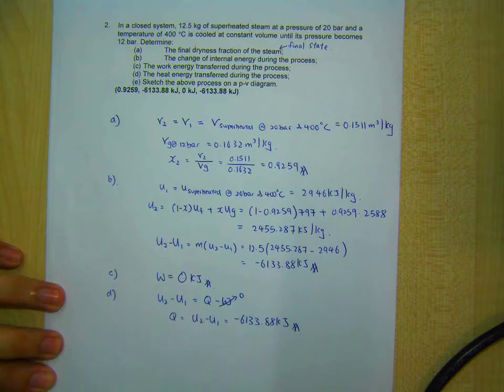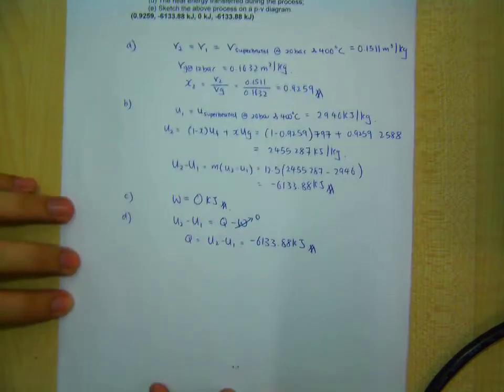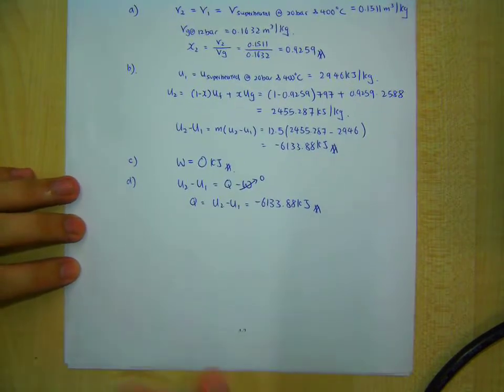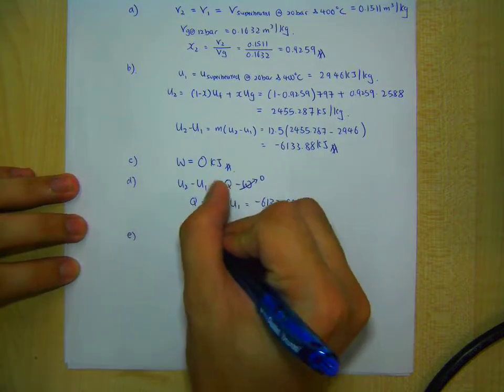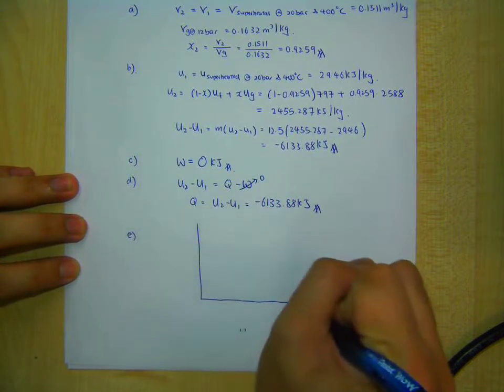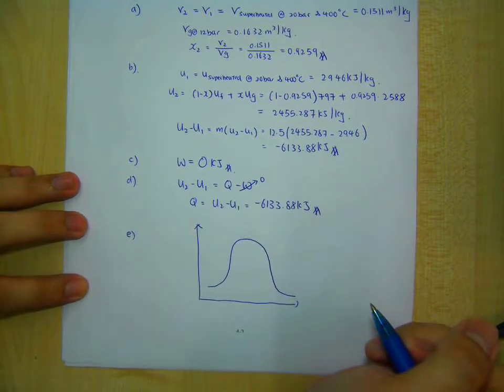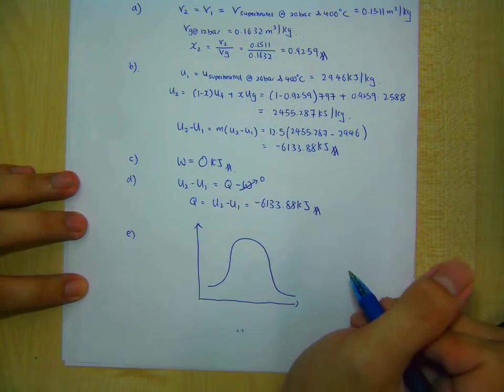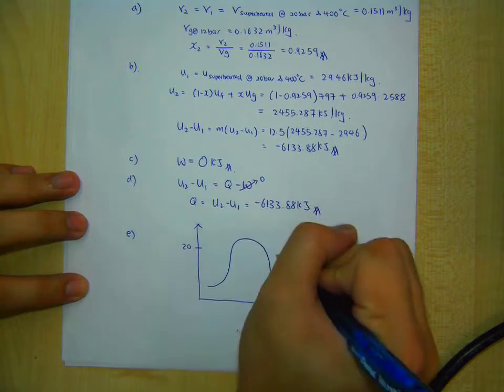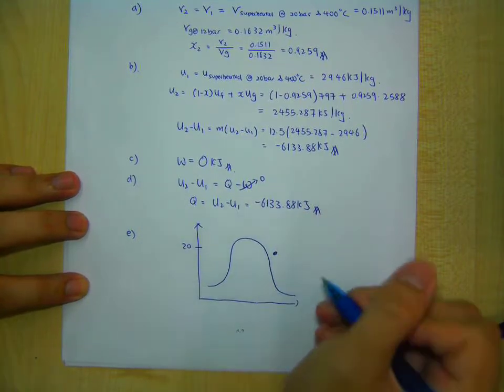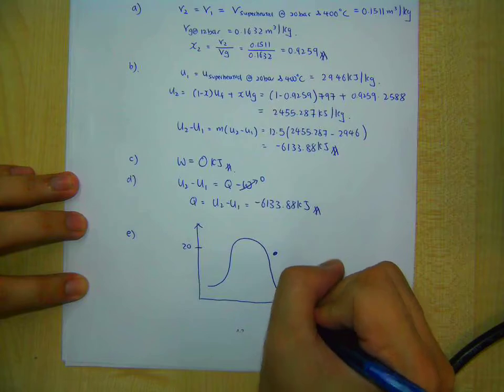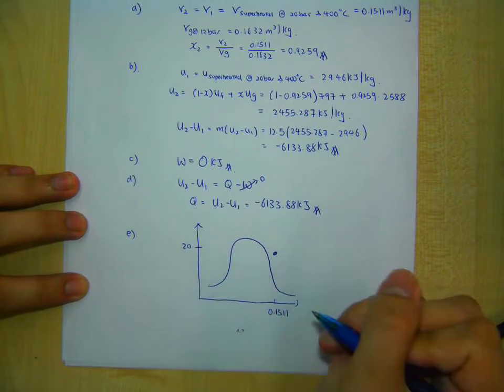And again, we are asked to sketch the diagram. So draw your curve again. The initial state is superheated steam at 20 bar, so it should be somewhere here outside. The specific volume is 0.1511.